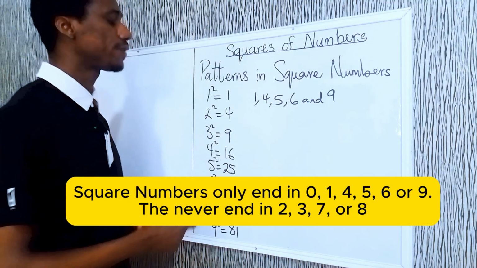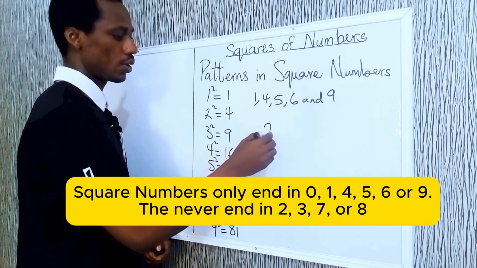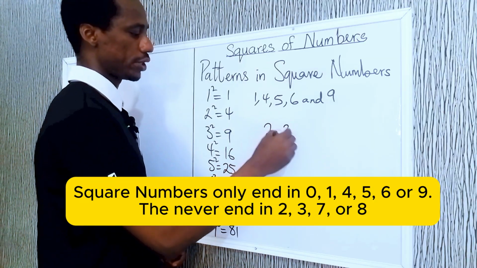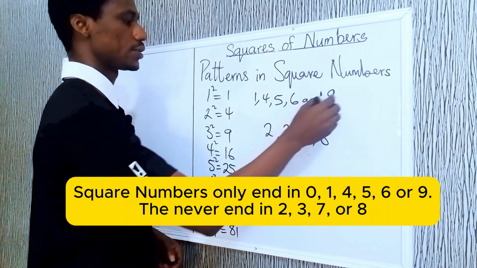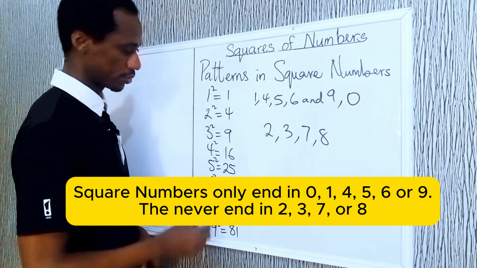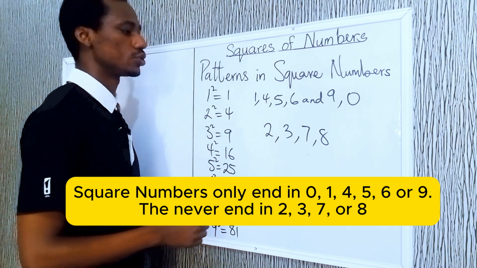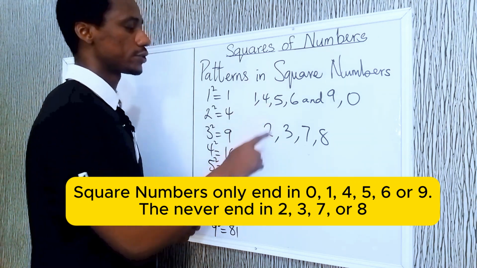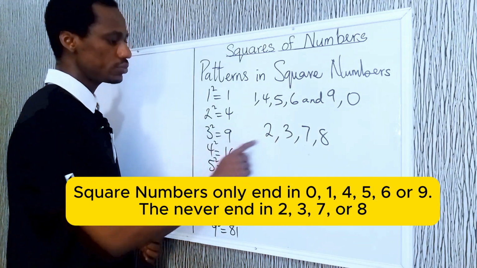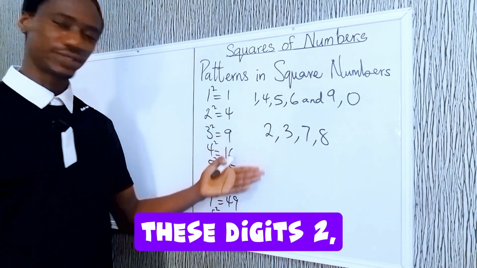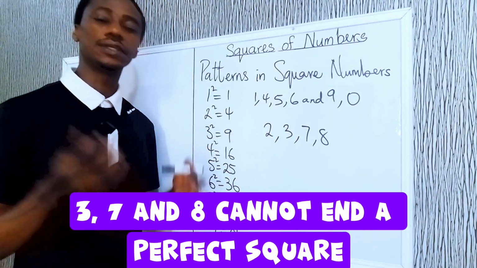That means you cannot find a perfect square ending in 2 or 3, 7, 8. I should also add 0 here because 10 squared is 100, remember. So you have 1, 4, 5, 6, 9 and 0. So these digits 2, 3, 7 and 8 cannot end a perfect square.